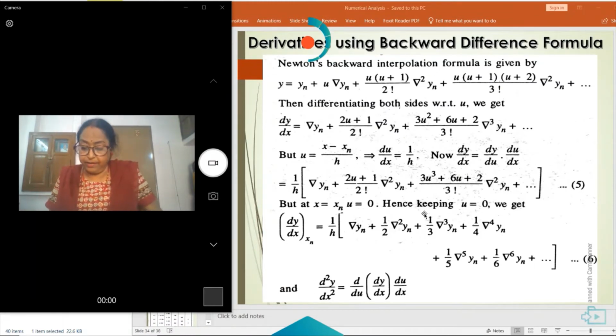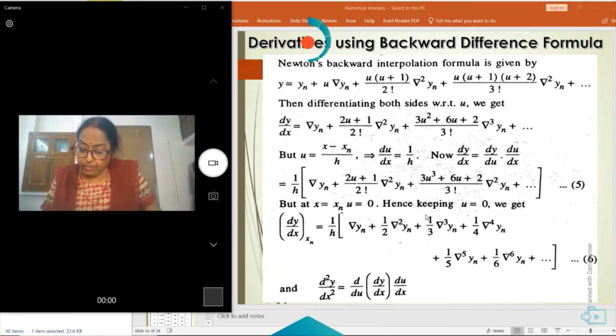Now, for the backward differences, we know y is equal to yn plus u nabla yn plus u into u plus 1 by factorial 2 nabla square yn plus u into u plus 1 into u plus 2 by factorial 3 nabla cube yn and so on.